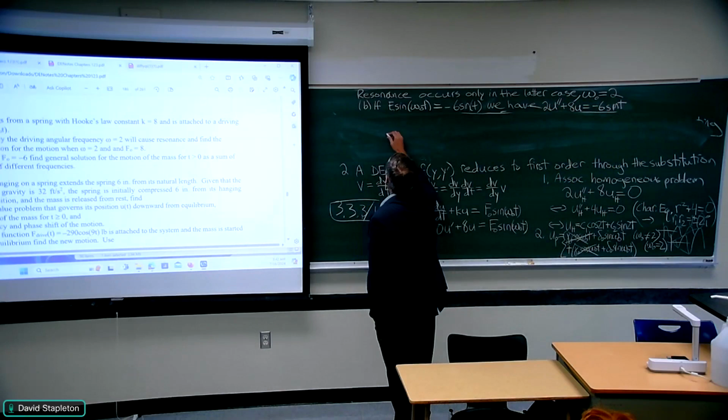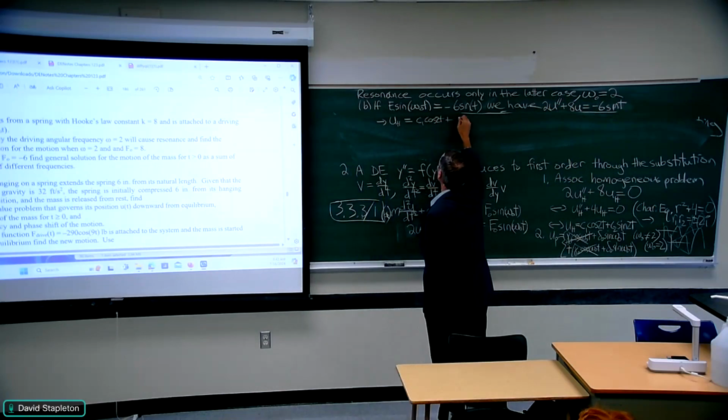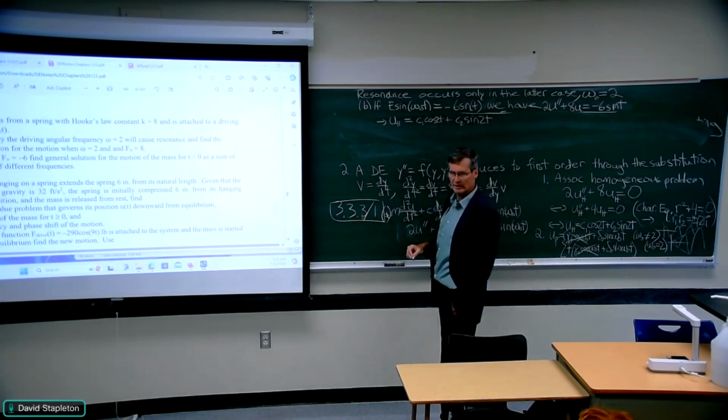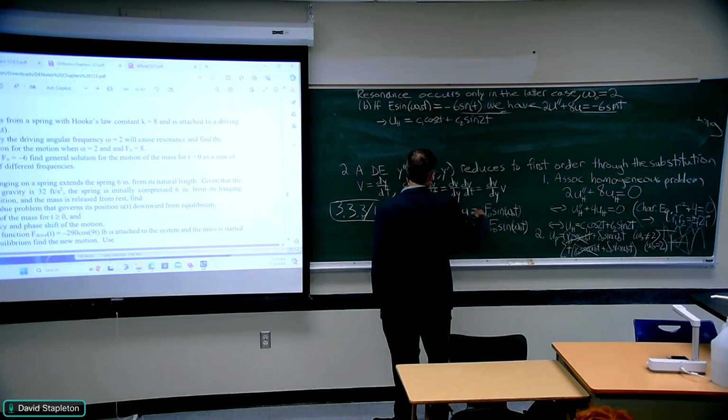And in this case, the homogeneous solution we already found is C1 cosine 2t plus C2 sine 2t. All we did was change the driving function. The right side is sometimes called a forcing function. That is, you're applying a force to the mass, it's external. So the forcing function.